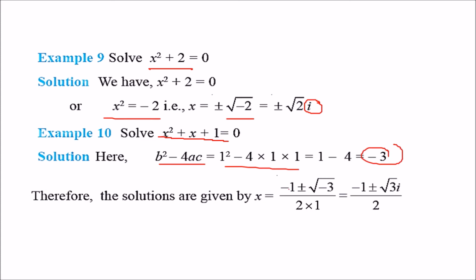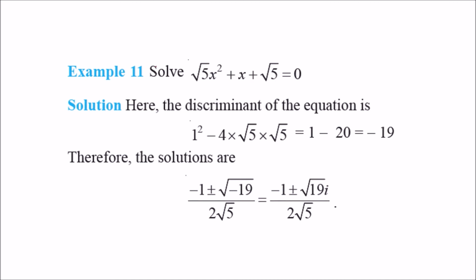So this is going to give you minus 1 plus minus under root minus 3 by 2 into 1, which will give you 2 values. Minus 3 is nothing but minus 1 into 3, and if you take out the root, that will be root 3 i.